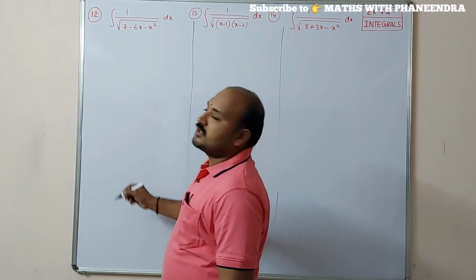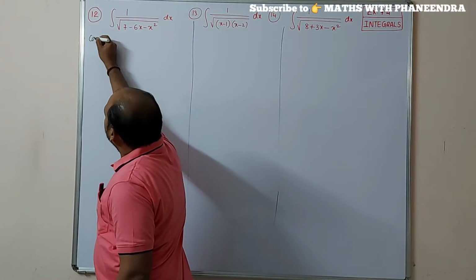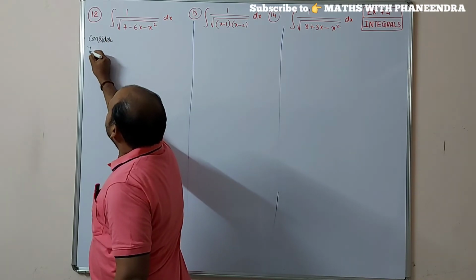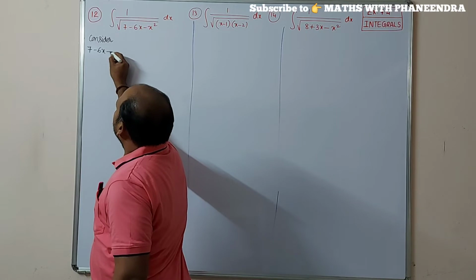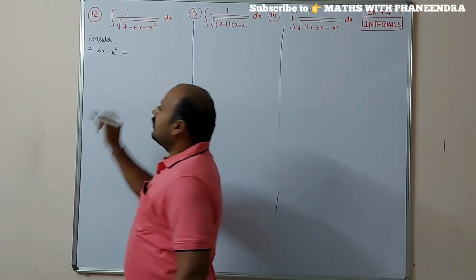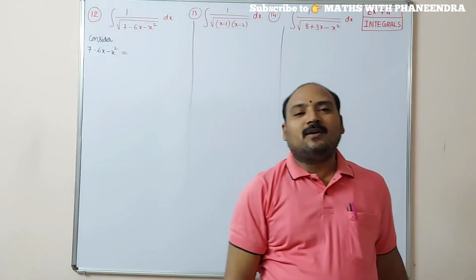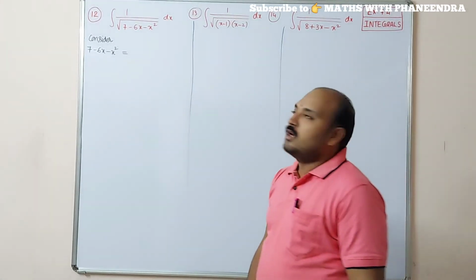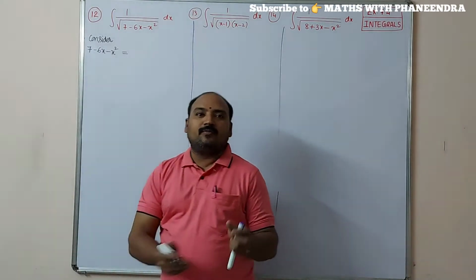First, according to the procedure, consider the quadratic expression 7 minus 6x minus x square. I already said that the x square coefficient should be 1, by taking it common. So it is in disorder.